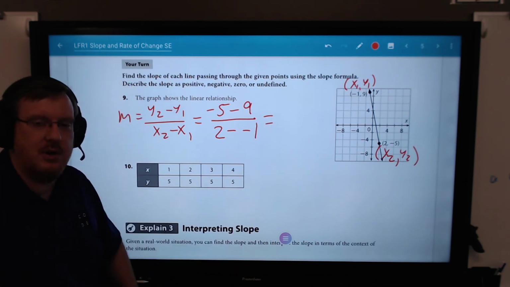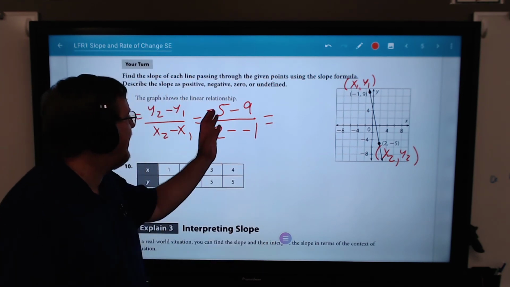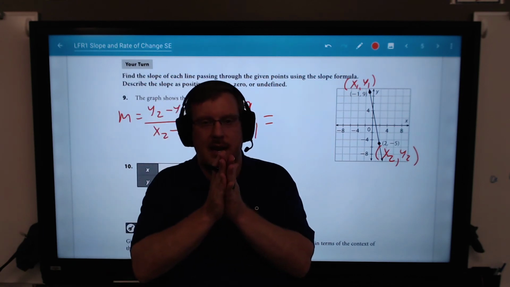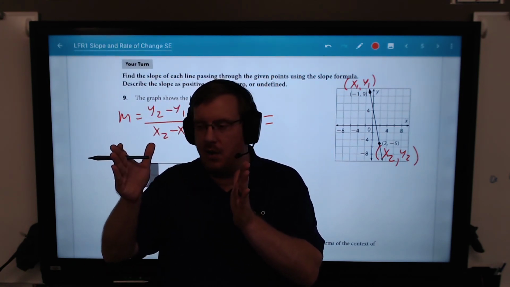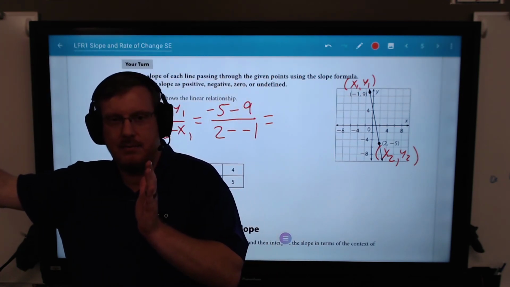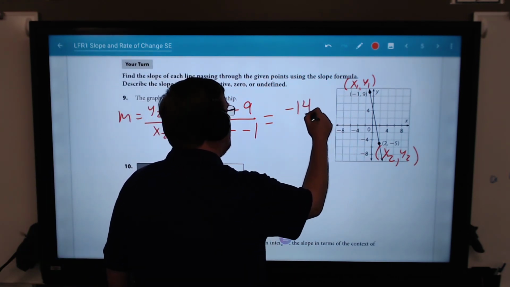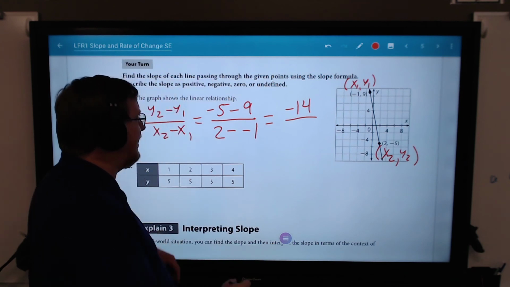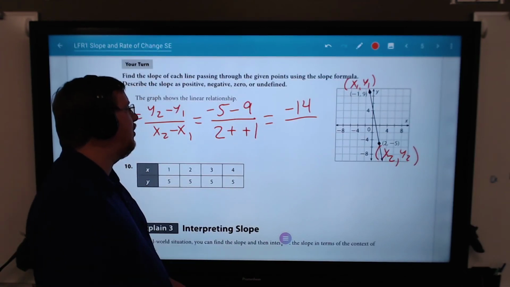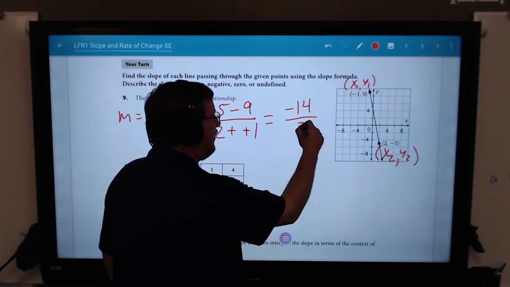So just be careful when you're doing your addition and subtraction. If I've got -5, so if I'm in a number line, I get -5, and I go 9 more negative, I'm going to end up at -14. And on bottom, minus a negative is plus a positive. 2 plus 1 is 3.